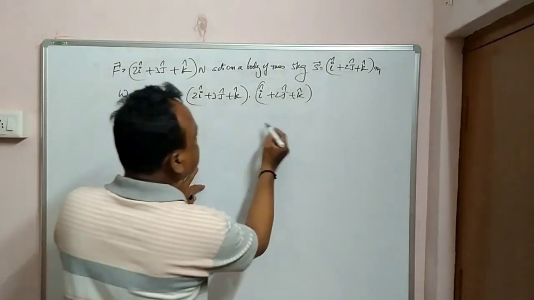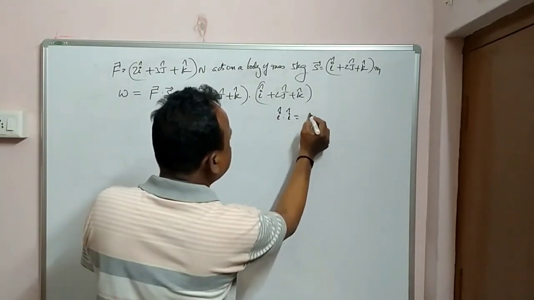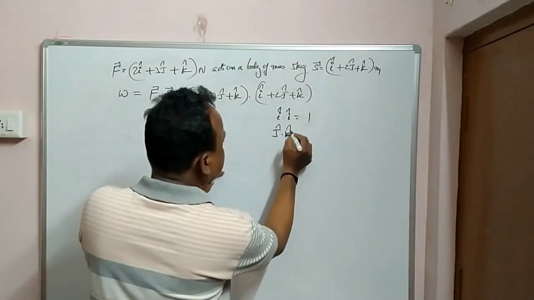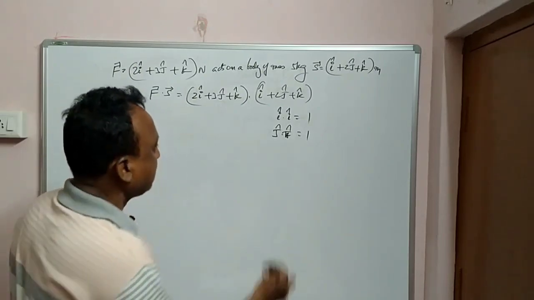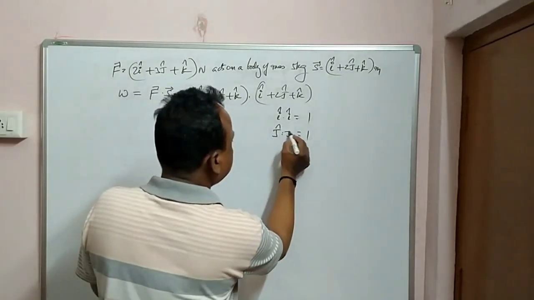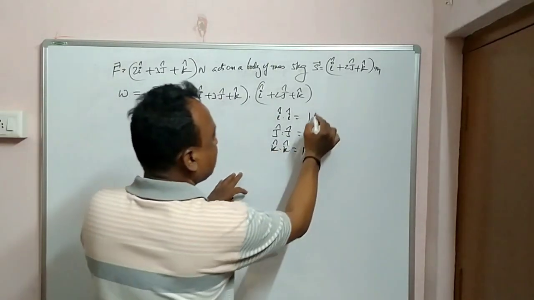See, as you know, i dot i is equal to 1. The same way, j dot j is equal to 1. The same way, k dot k is equal to 1, unit vectors.